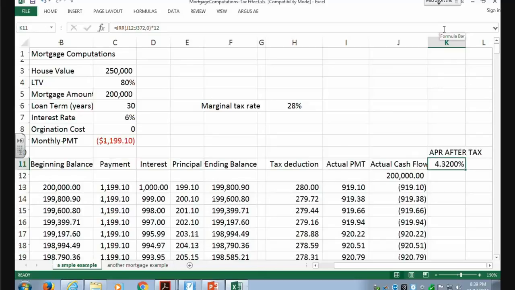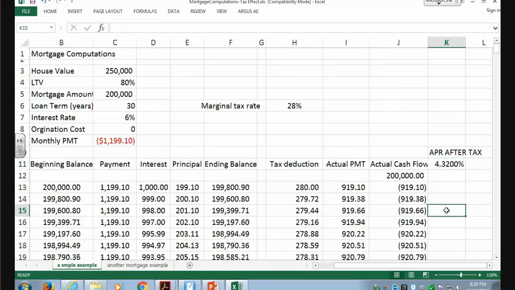The APR is after tax. Make sure, because what I did was highlight the cash flow from time 0 to time 360 months, then multiply by 12 because it's a monthly interest rate, converting to the annual rate. So this is after tax. It's easy.